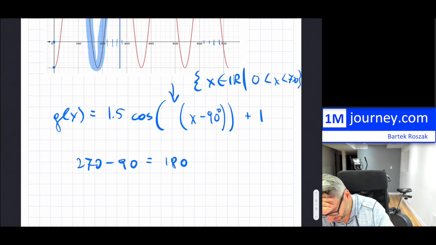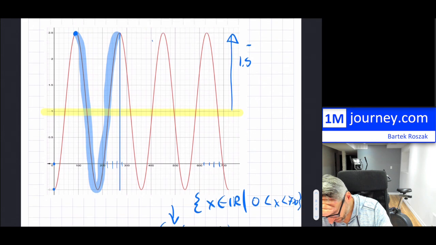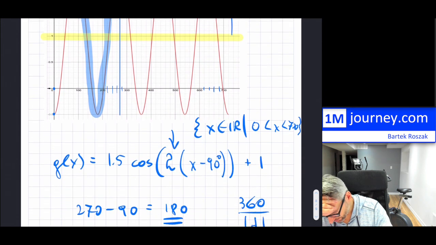That means it compressed by 2. All right, so if that's your period, which is 180, then your overall period, this is your D. This D has to be equal to 2, because that's going to give you the 180 for your period. And there you go.